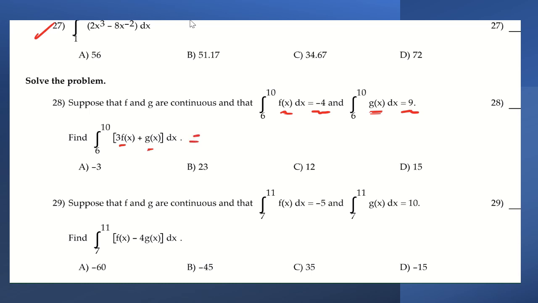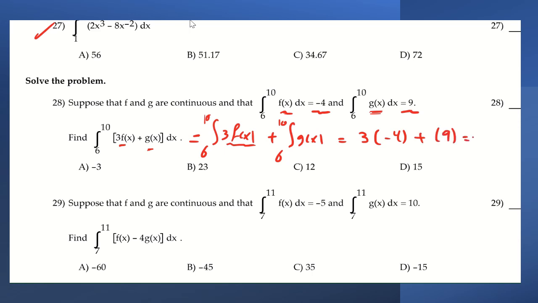All I have to do is integral from 6 to 10 of 3 f of x plus integral from 6 to 10 of g of x. So it's 3 times the integral of f of x, which is -4, plus g of x, which is 9. So it's -12 plus 9, which is equal to -3. So the answer is E.